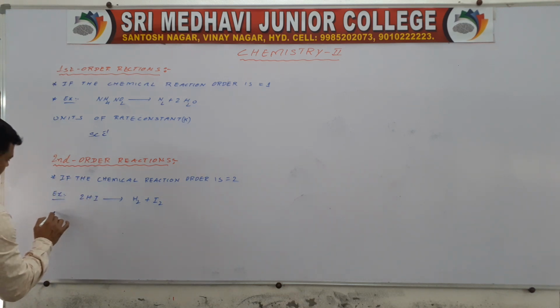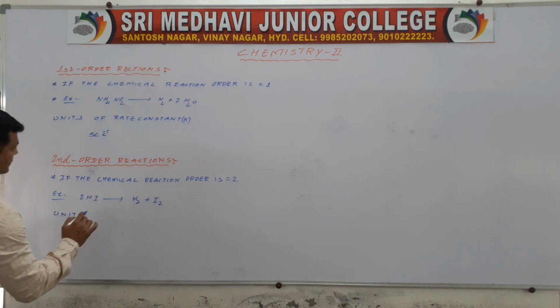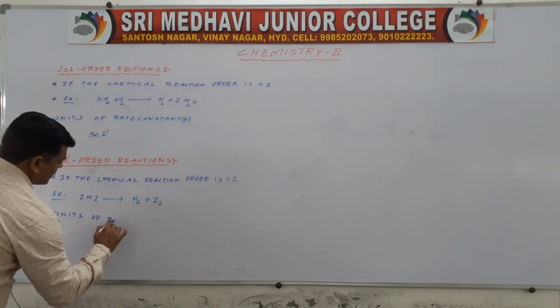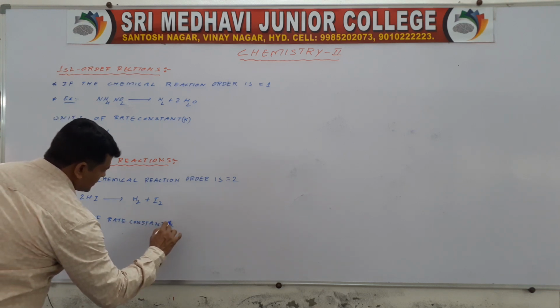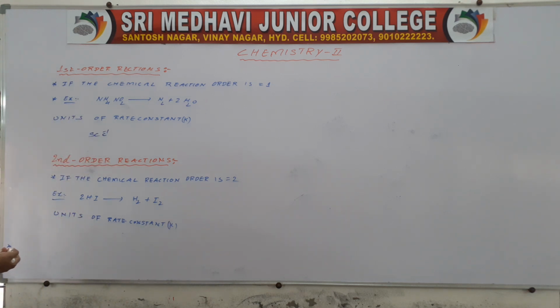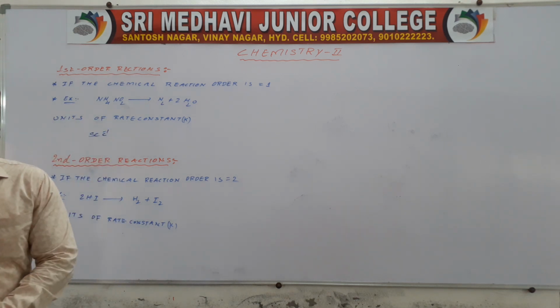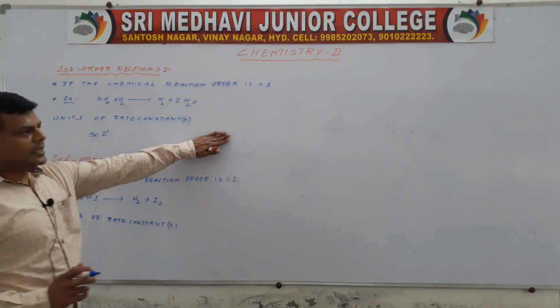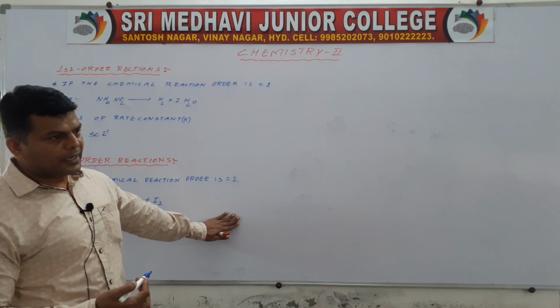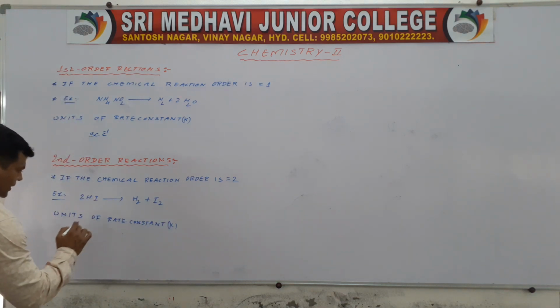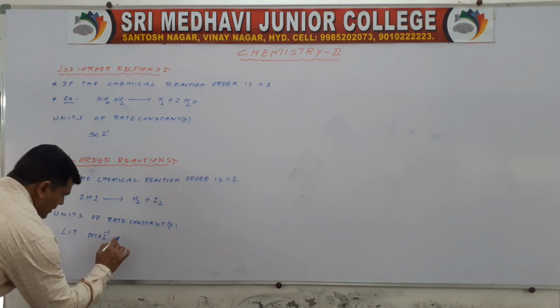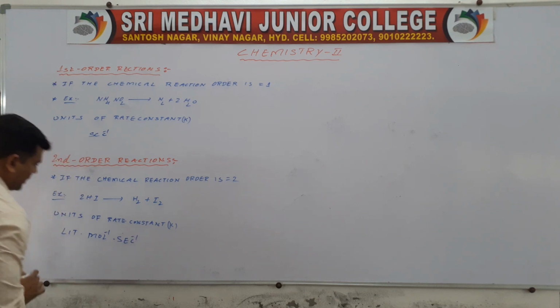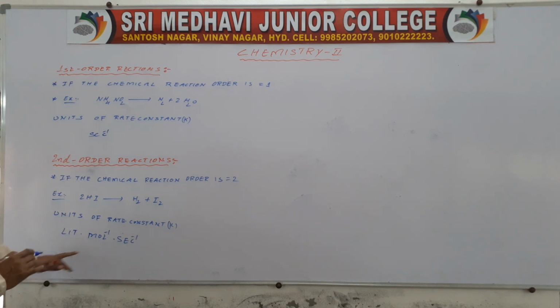So units for rate constant K: concentration by concentration time, moles per liter, so a liter comes up. It is nothing but liter into mole inverse into second inverse. These are the units for second order reactions.